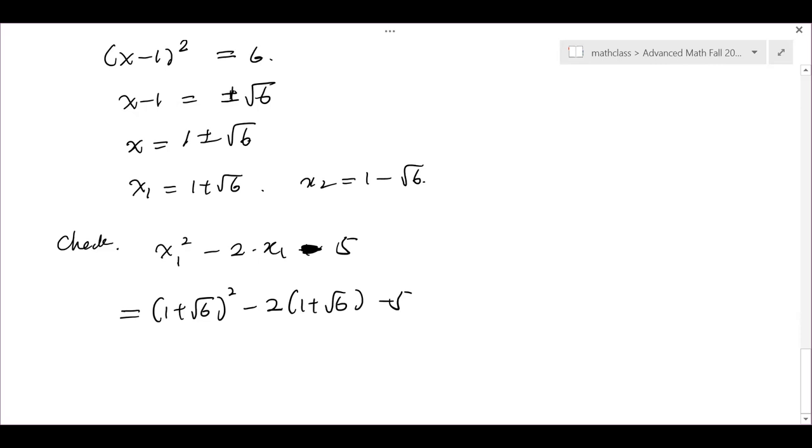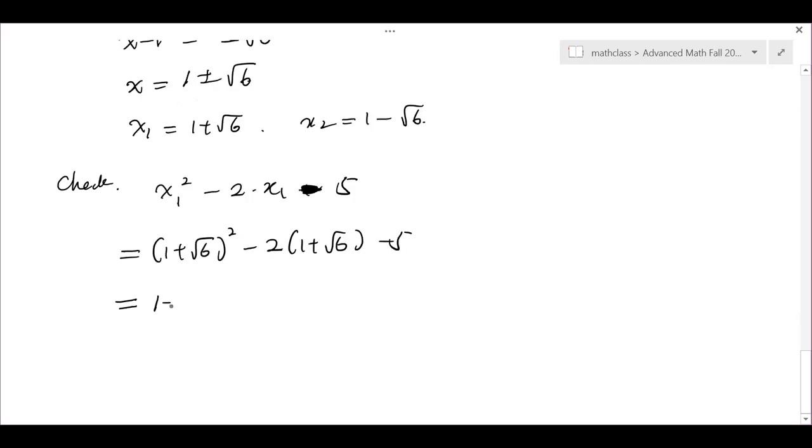So we square: that is going to be 1 plus twice the square root of 6, and the square of square root 6 is 6, minus 2 square root 6 minus 5. Then you realize that the 2 square root 6 terms cancel out. And 1 plus 6 minus 2 is 5, minus 5, so it's going to be 0. So indeed, it's a solution. It's an irrational number.